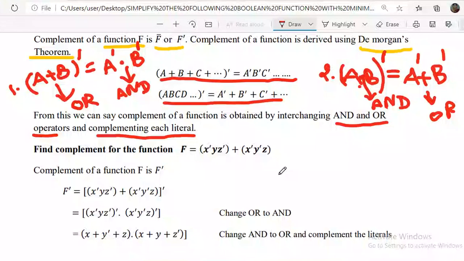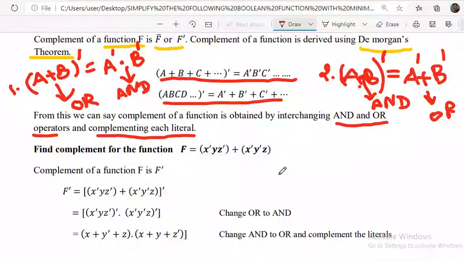So it is a product term. x dash y is going to be a product term, plus x dash y dash z. This x dash y dash z is a product term. So you can say it this way also: the product term will become a sum term and the sum term will become a product term.